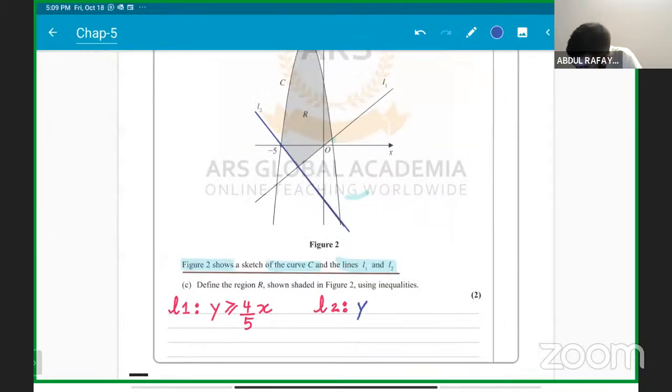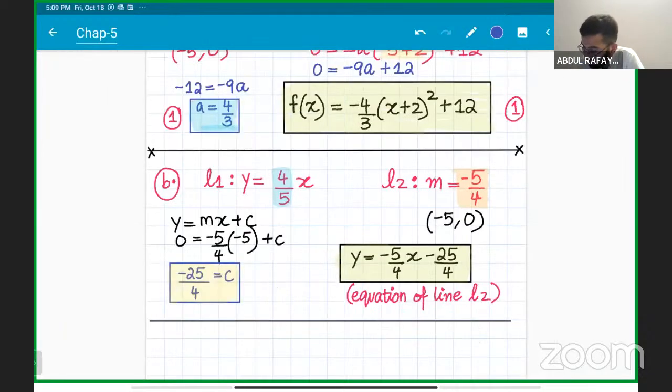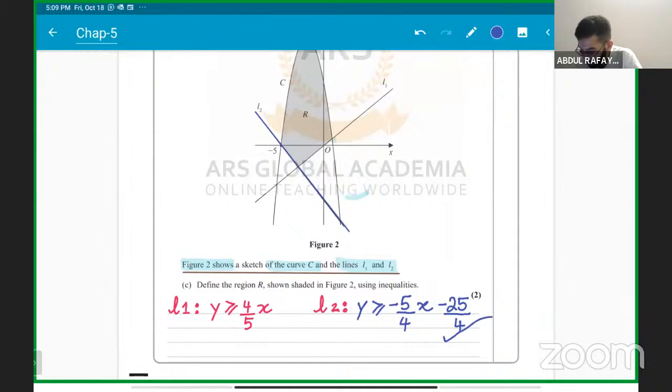So y is greater than or equal to minus 5 over 4 x minus 25 over 4. Understood, students? We have got both correct by writing y greater than or equal to, because both of them are exact lines and not dotted lines.